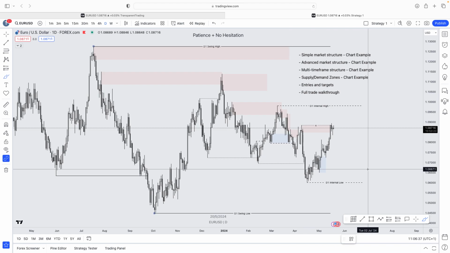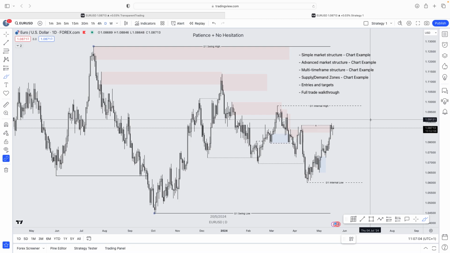So in this mini course series then, I'm going to go through simple market structure with a chart example, advanced market structure with a chart example. I'm going to go through multi-time frame structure with a chart example, and supply and demand zones with a chart example. I think going over chart examples is really important with someone talking through the price action as you're learning it.